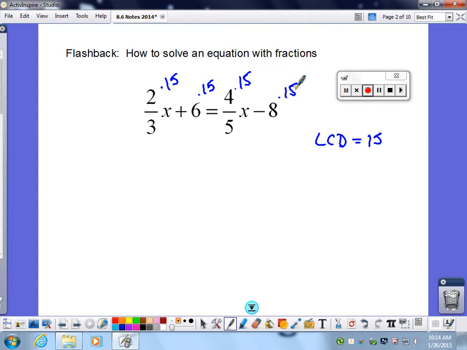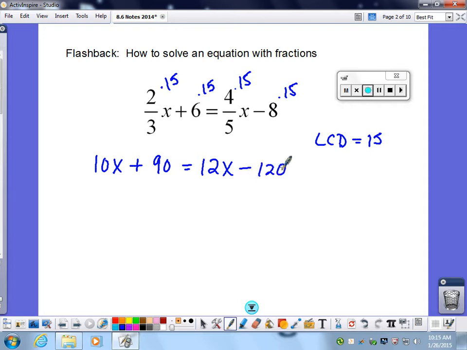So 3 goes into 15 5 times. 5 times 2 is 10x, plus 6 times 15 is 90, equals, all right, 5 into 15 goes 3 times. 3 times 4 is 12, minus 8 times 15 is 120.